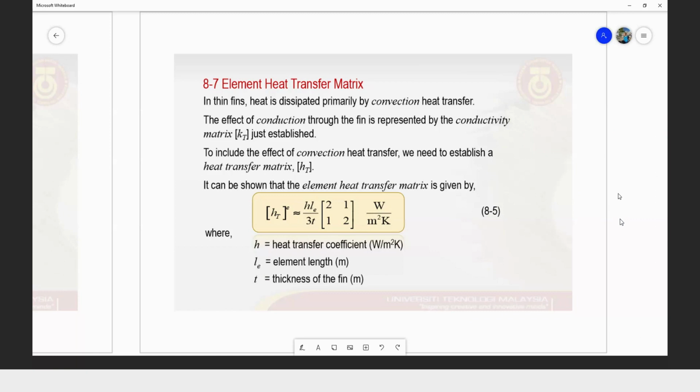So that's why if we look here, we have a new term known as the element heat transfer matrix. So I will read first and try to explain here. It mentioned there, in thin fins, heat is dissipated primarily by convection. So this is what it is.